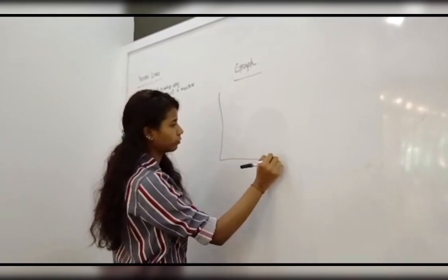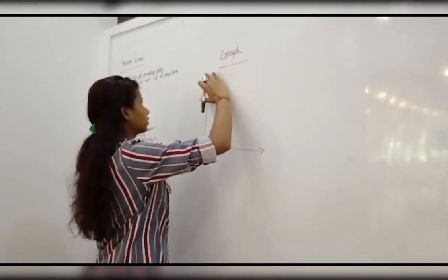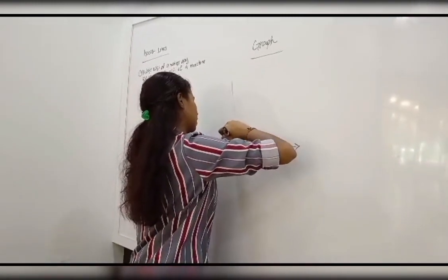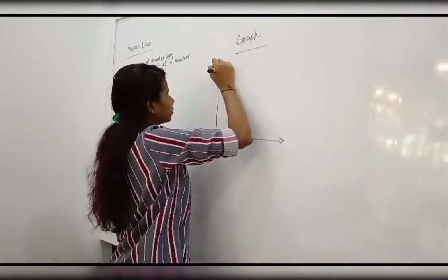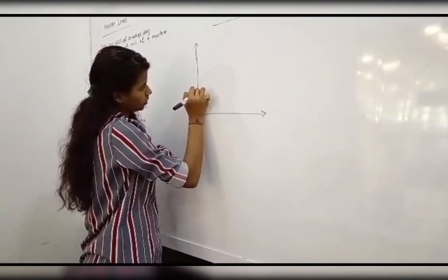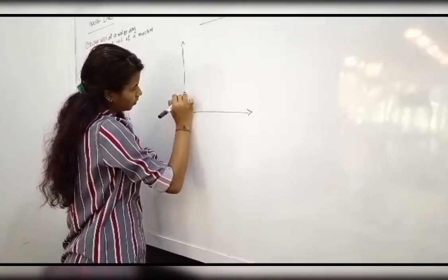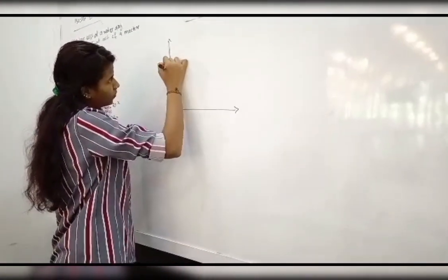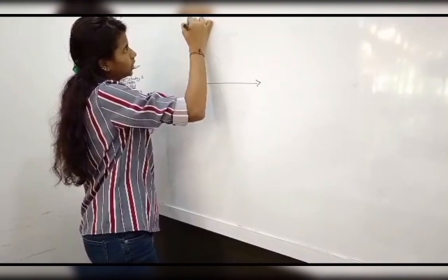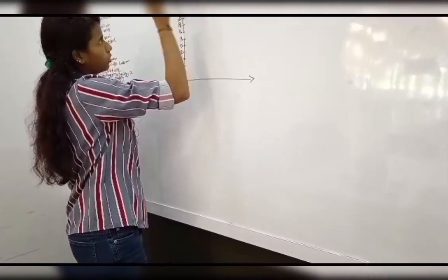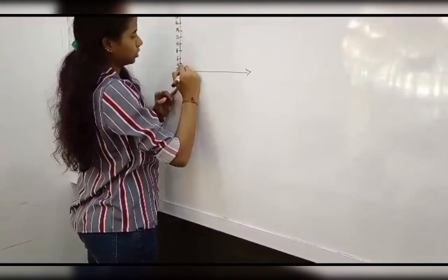Okay, now we start to draw the graph. Here we must plot until 22. 2, 4, 6, 8, 10, 12, 14, 16, 18, 20, 22. Here also same.